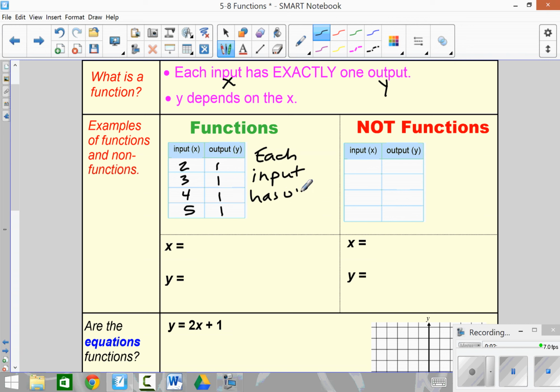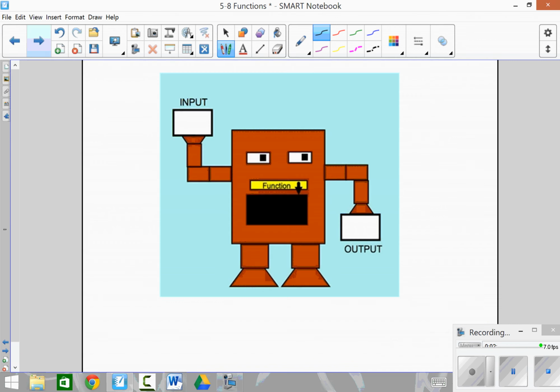It's okay that they all have the same output because they come from separate inputs. If I put a 2 in the machine, out comes a 1. Put a 3 in the machine, out comes a 1. It's okay because only one output is coming out for each of those inputs.